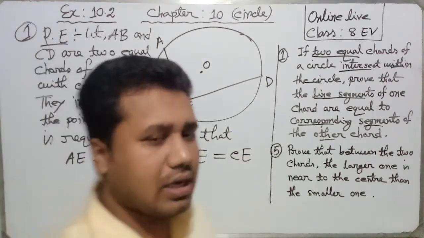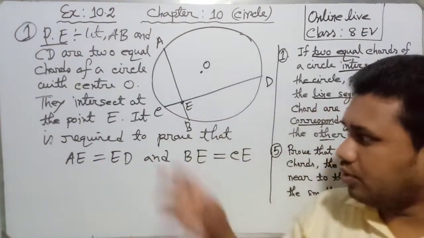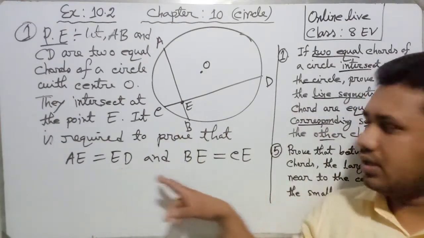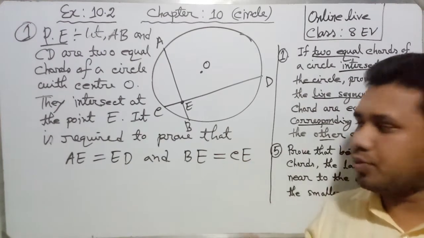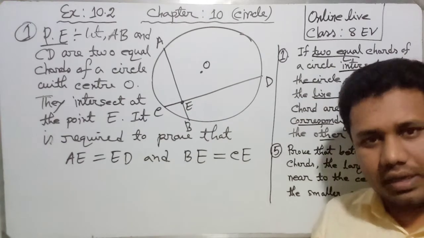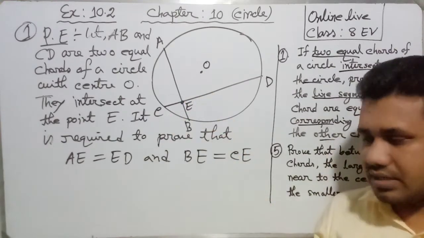So these two are corresponding segments. Between these two chords, AE and ED, and BE and CE, are corresponding segments. Now we have to prove that these corresponding line segments are equal. So this is our particular enunciation.